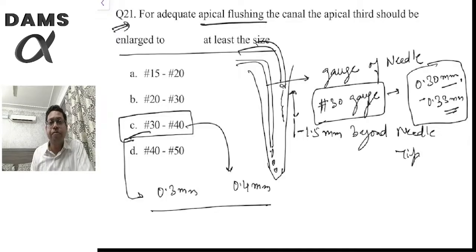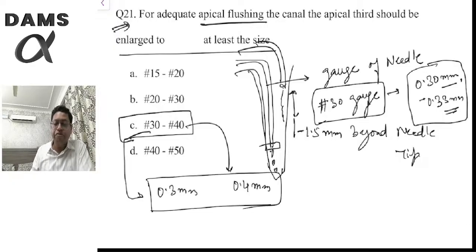It would not reach the apical 1/3. So for successful flushing of the apical 1/3, the needle itself should be present in the apical 1/3. And for that, we have to enlarge to at least 0.3 to 0.4 millimeter, that is size 30 to 40 K file. So option C is the best answer over here.